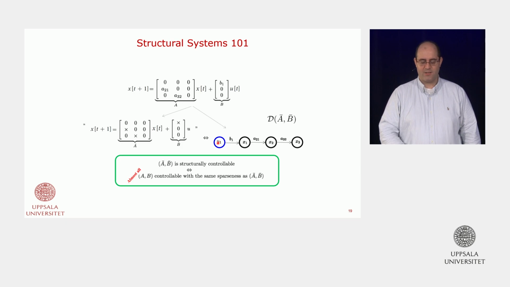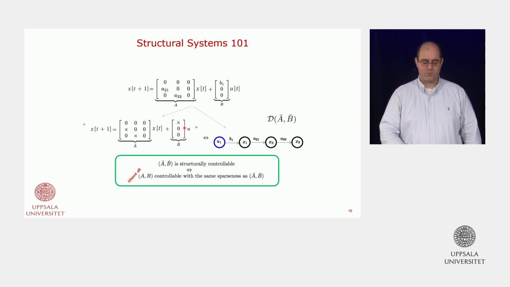Now, let's connect the nodes according to the information we have available on the matrices. For instance, here you can see that A bar tells you that there's a connection from x1 to x2. Then there's a connection from x2 to x3, and therefore we have a connection from x2 to x3. And then if I look at the B matrix, it tells me how the input will affect specific states.